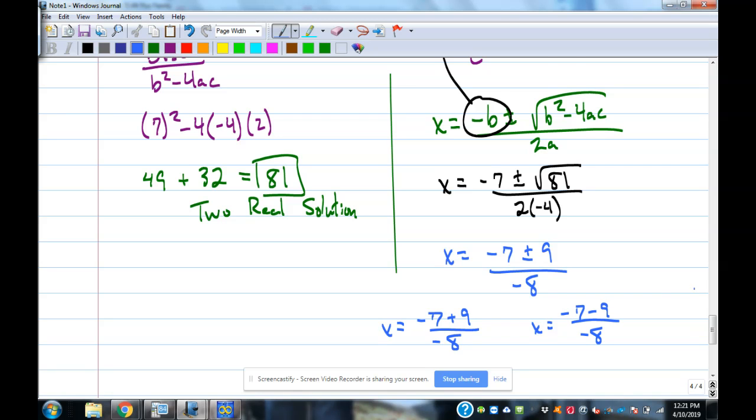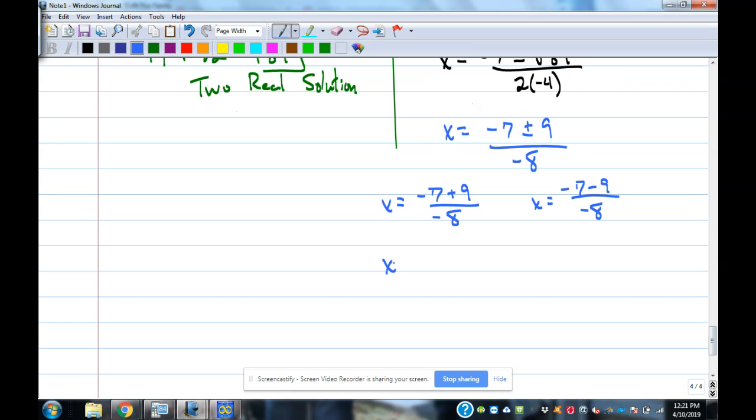And I'm going to simplify those 2 fractions. So that's going to be 2 over -8, which is what? -1/4. There's an answer. And this is going to be -16 over -8, which is positive or -2?